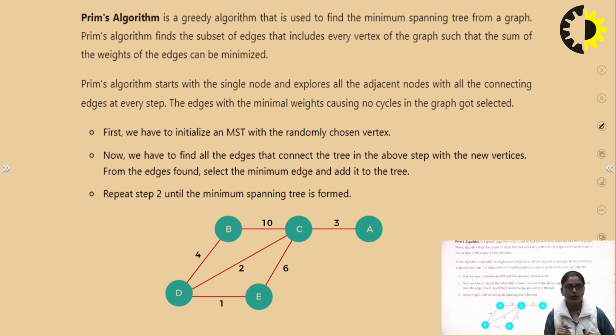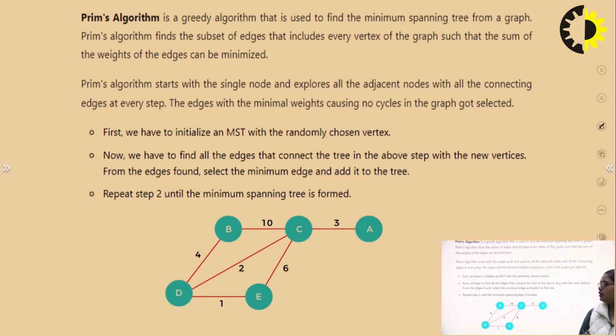In Kruskal's algorithm, as we have seen, we give priority to the edges. But in Prim's method, we give priority to the vertices. We just choose any arbitrary vertex and go to the next adjacent vertices.